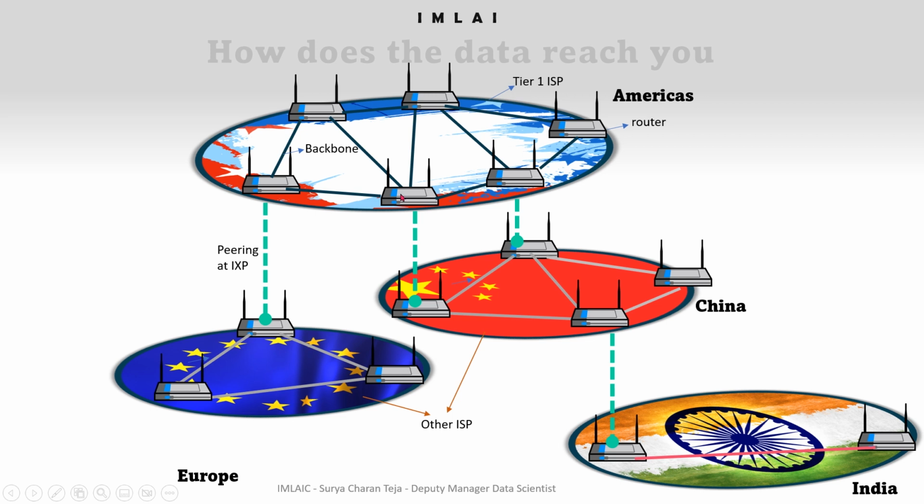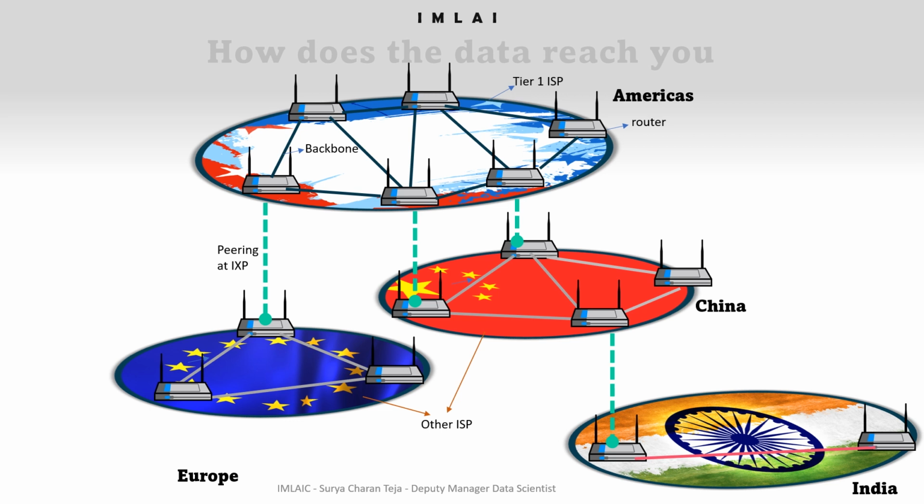This equipment is called the backbone of the ISP. If a packet is destined for a host served directly by the ISP, that packet is routed over the backbone and delivered to the host. Otherwise, it must be handed over to another ISP.